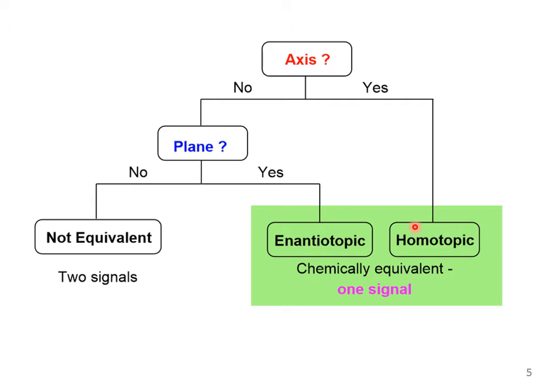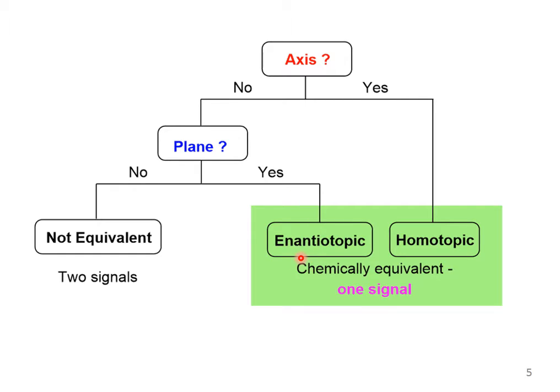If the plane is yes, then the protons are enantiotopic, but chemically equivalent, so they will give only one signal in NMR. If there is no plane, then they are not equivalent, you will get two signals, meaning they are diastereotopic.